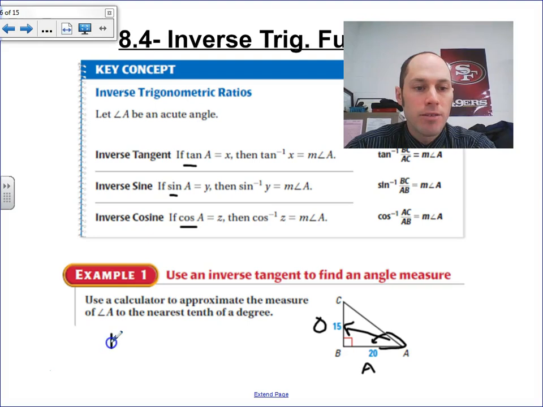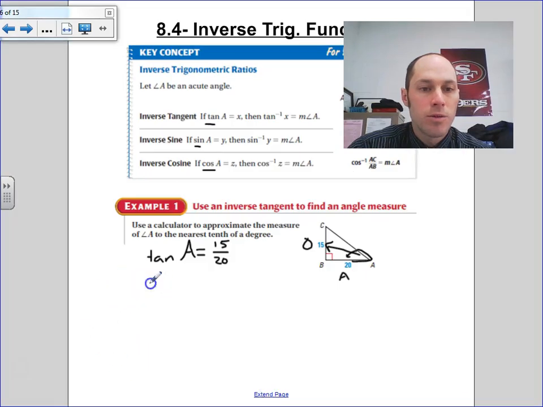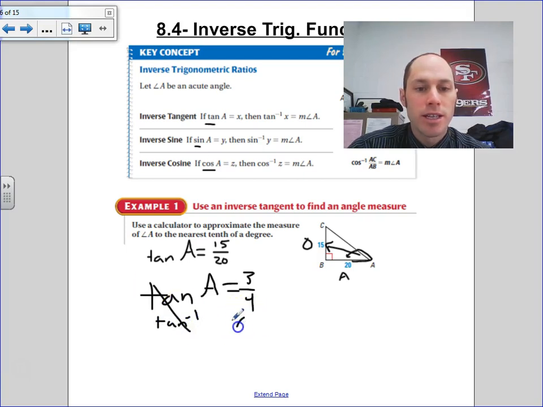So I would say the tan of A equals opposite over adjacent, 15 over 20. Now I could simplify that if I wanted, and I could say the tan of A equals 3/4, but I want to find out what A is to the nearest tenth. So I'm going to have to get rid of tan, so I do the tangent inverse, which will eliminate tan over here, and I take the tan inverse of 3/4. So A will equal the tangent inverse of 3/4.